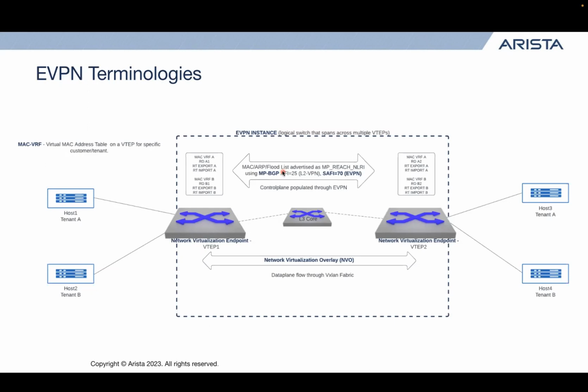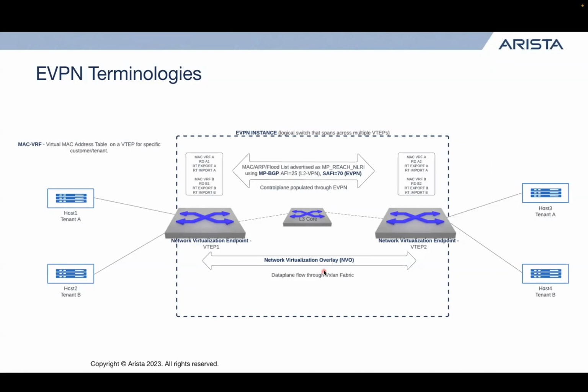The control plane information is advertised using a BGP EVPN update packet that can be identified using the address family identifier, which tells us the type of routes being exchanged, and the subsequent address family identifier, which has the value of 70 for EVPN.